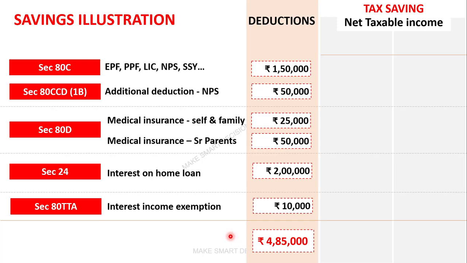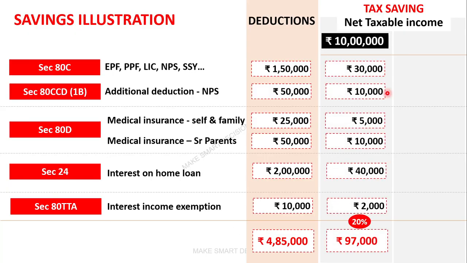Let's take two examples. In the first example, the individual's net taxable income is say 10 lakh. You reduce all the deductions here. You reduce the deduction of 4.85 lakhs, and since that individual is in 20% tax bracket, that individual will be able to save 20% of this 4.85 lakhs, which translates to 97,000.